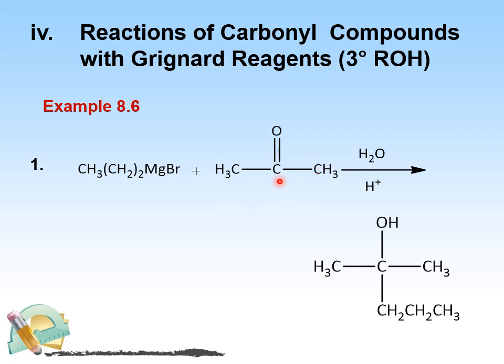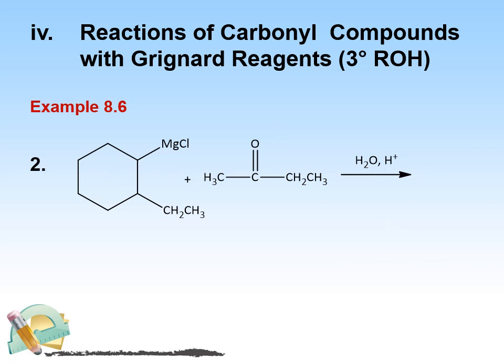So there are 2 methyl groups here attached here and here, and then 1 more R attached from down here. So we are basically producing 2-methyl pentanol.